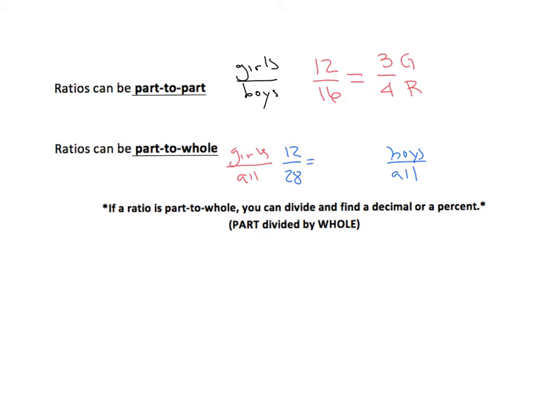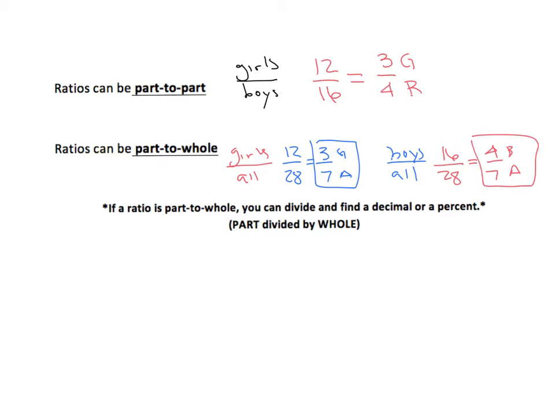And when we reduce that, we would get 3 girls over 7 all. And then the other part to whole would be the boys overall, which would be 16 over 28. And when we reduce that, you'd get 4 boys over 7 all.